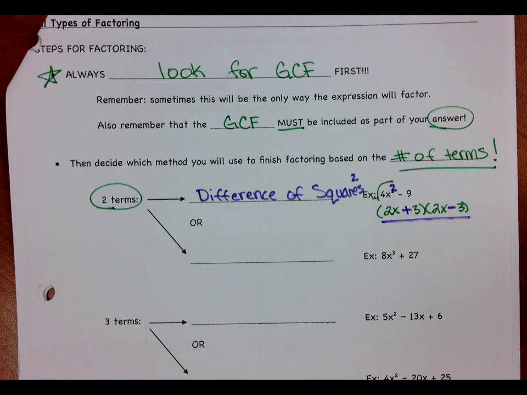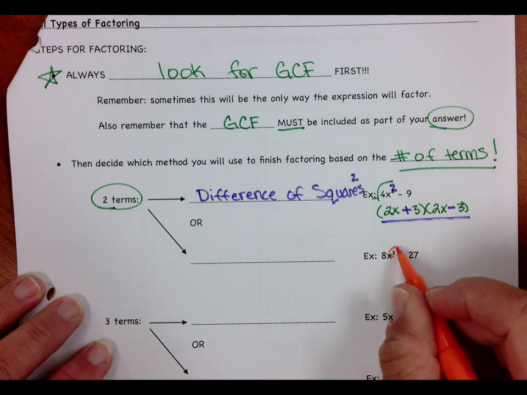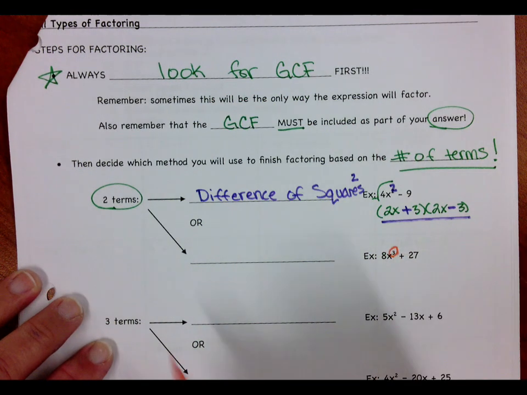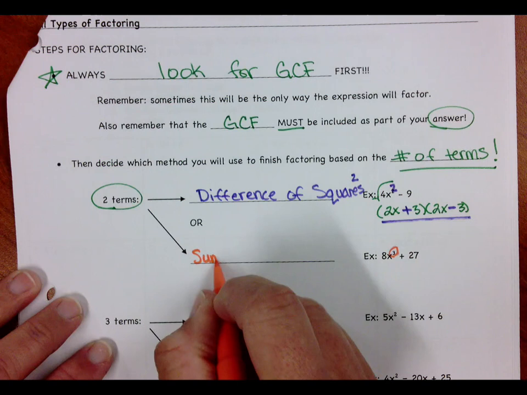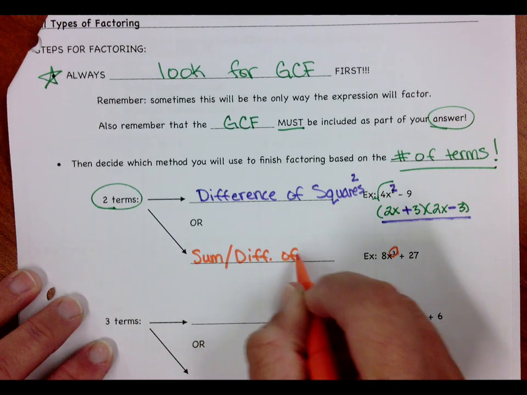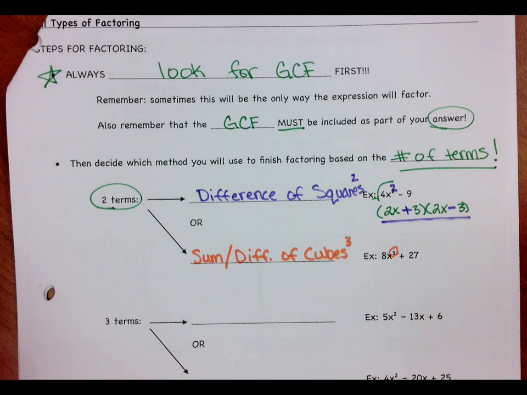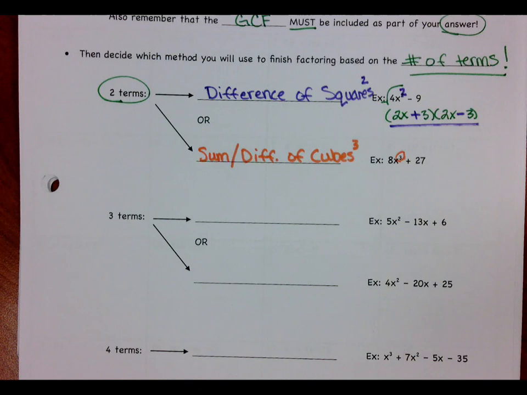All right? If it has 2 terms, and your highest number is a 3, then it could be sum or difference of cubes. And again, I'm going to put a little 3 up there to remind us that it has 2 terms, and then the highest exponent is now a 3.